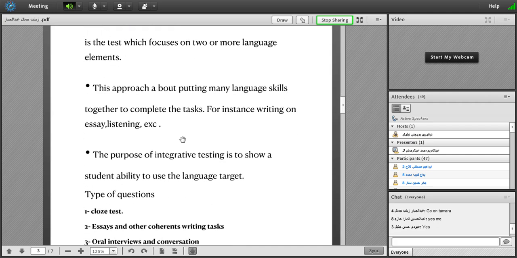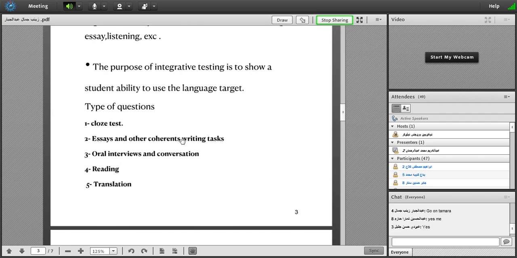The purpose of interactive testing is to show the student's ability to use the language targets.